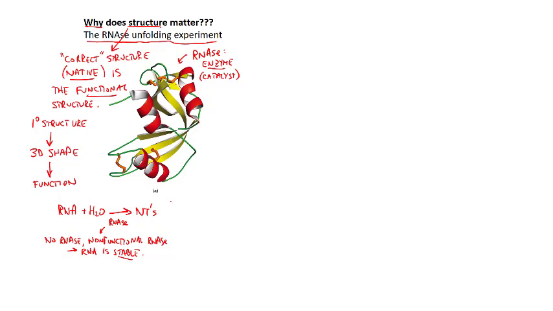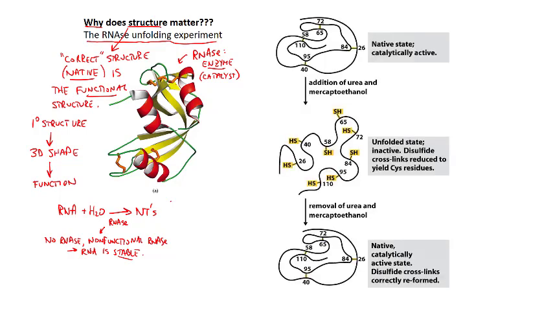So what did they do in this classic experiment? What they did is they started off with native RNase. So I'm going to draw the native structure of the protein as something like this. So this is our RNase. They took native RNase and they mixed it with RNA in a test tube and let it sit for a while.